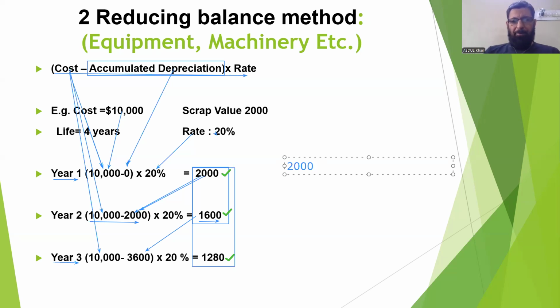Let me calculate: 2000 plus 1600 plus 1280.